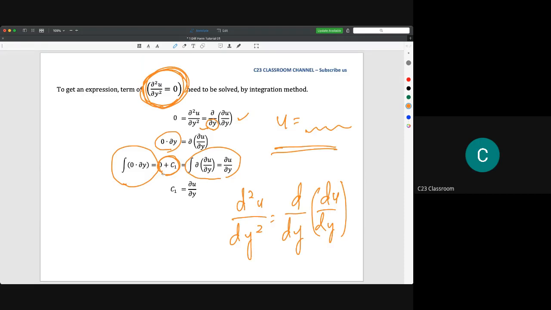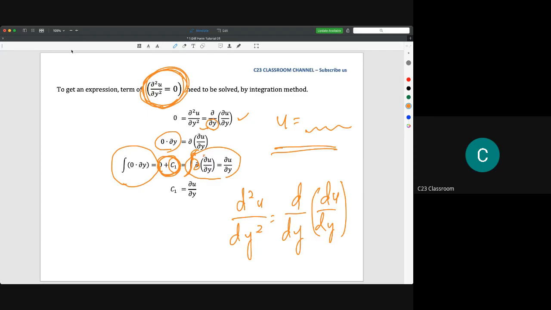So maksudnya integration, kalau dia menghasilkan nilai kosong sekalipun, awak tetap ada nilai pemalar yang perlu diberikan.